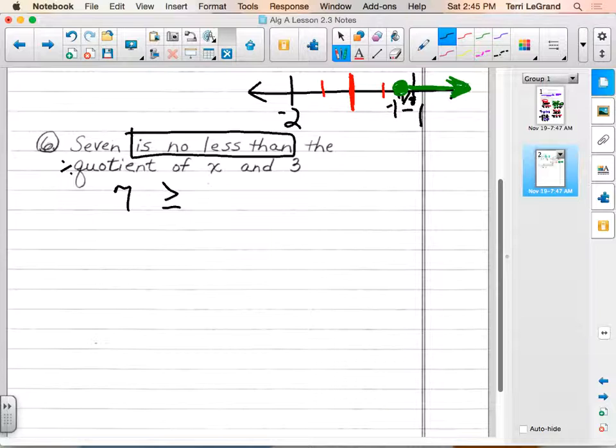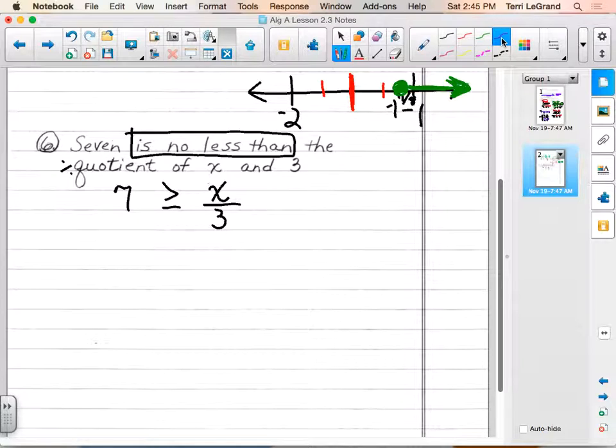So it can be 7, but it has to be greater than, because it can't be less than. The quotient of x and 3. Well, you know what? We're going to show that as a fraction because that means division also. Because those are actually easier to show what we do to solve them. So there's our inequality setup.